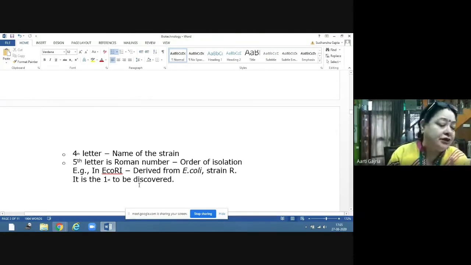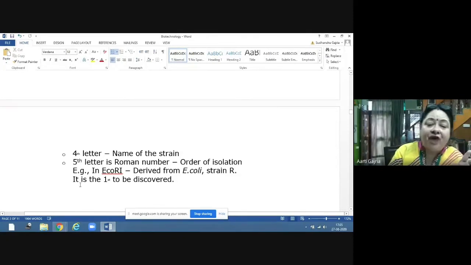Now, which restriction enzyme did we use in the diagram? EcoR1. Now see this, Eco. The first letter is E for Escherichia, which is the genus. The second and third letters, co, are coli, the species. R is the strain, the rough strain.